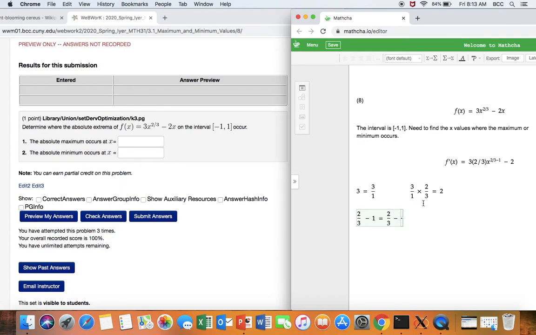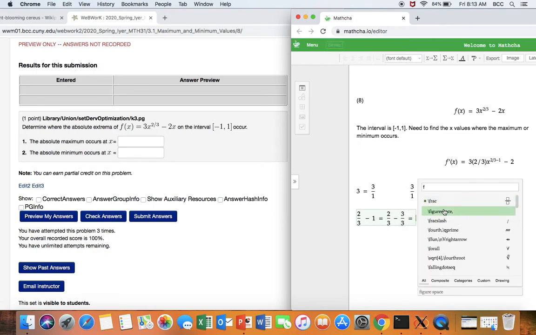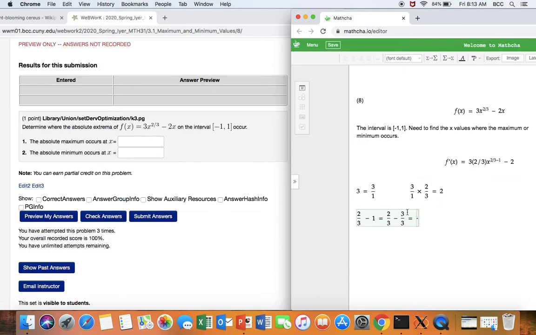So 1 is the fraction 3 upstairs, 3 downstairs. In all, that gives me, with the common denominator, -1/3. Okay, so the exponent is now negative.